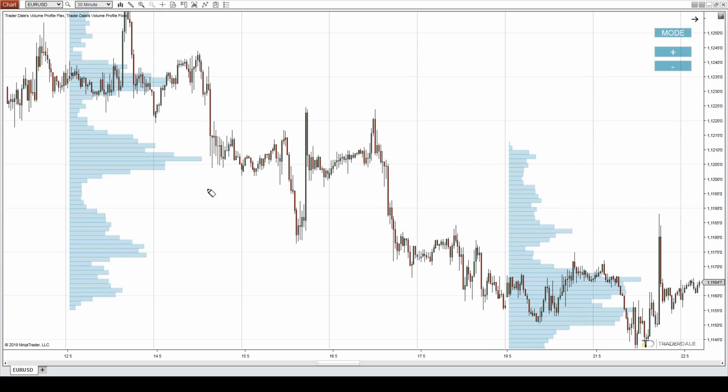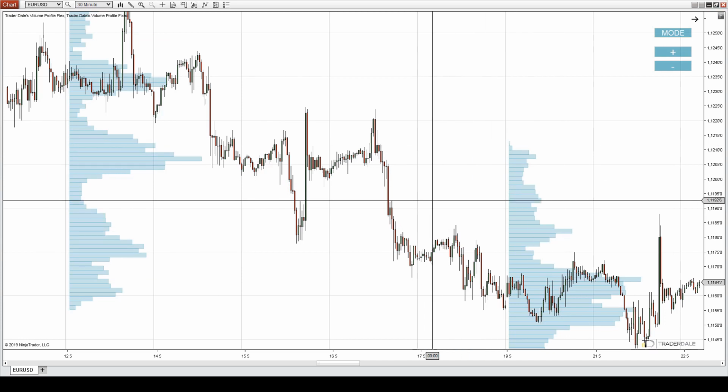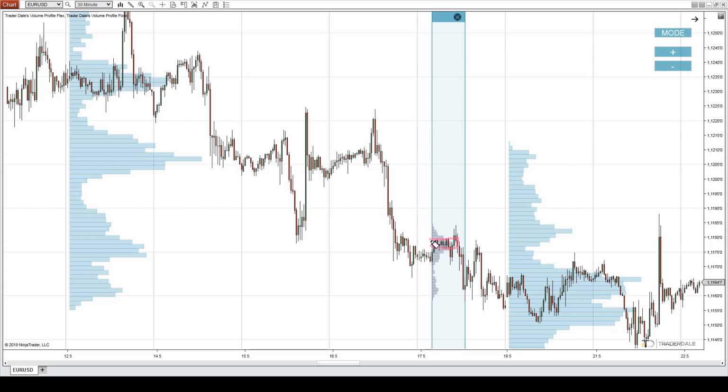Now, another significant volume area in this weekly profile was this one. And if you look into this area, then there is a nice volume accumulation setup. In here, there's a rotation followed by selling activity. The heaviest volumes in this rotation are right there, confirmed by a significant volume zone on the weekly profile, and also confirmed by this strong rejection of lower prices.